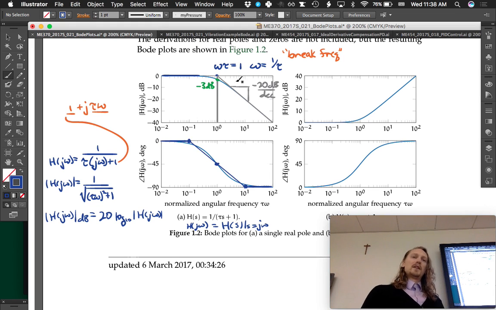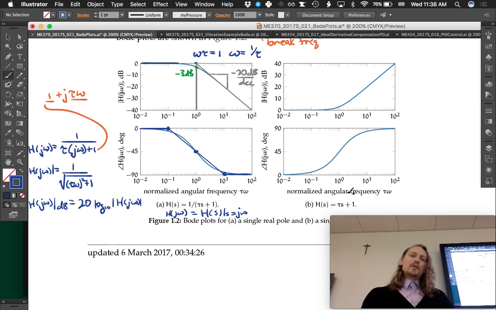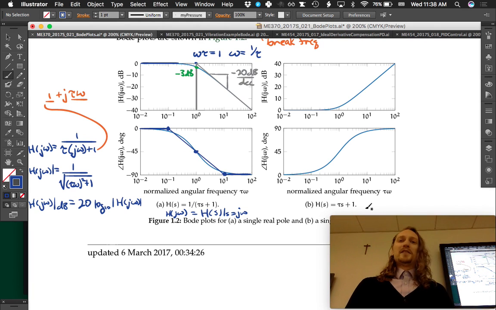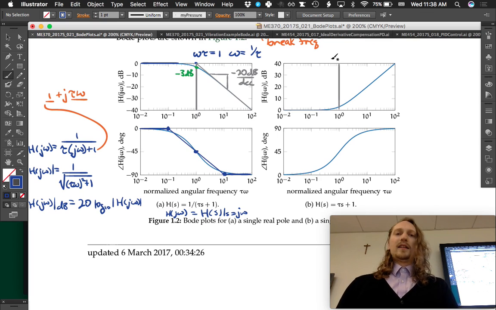So now we've sort of learned how to sketch these and what they look like. Let's learn how to sketch a real zero. Actually, exactly the opposite thing happens. It's very similar, very analogous. At the break frequency, which is the same exact break frequency, omega b is equal to 1 over ta again.